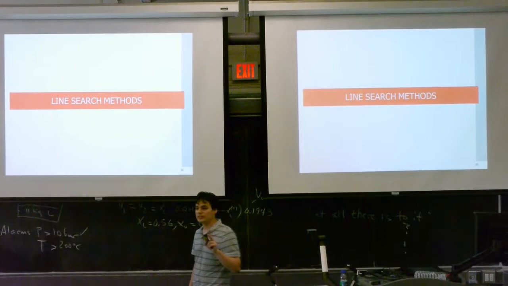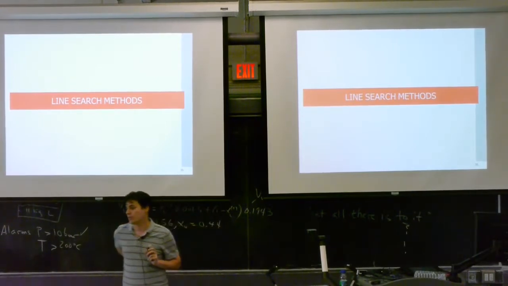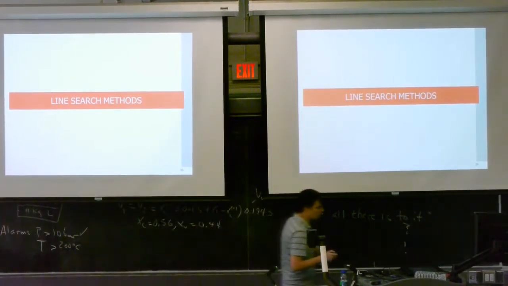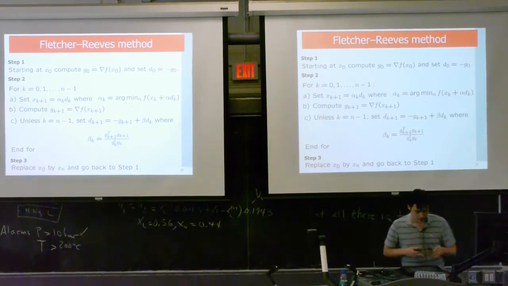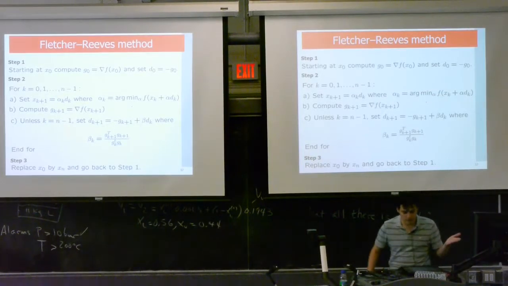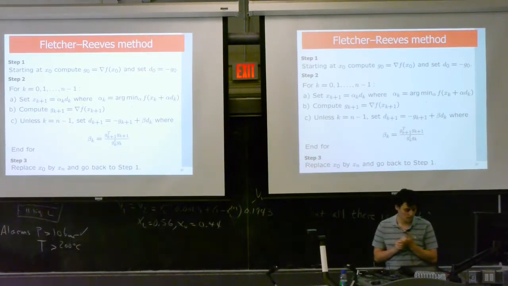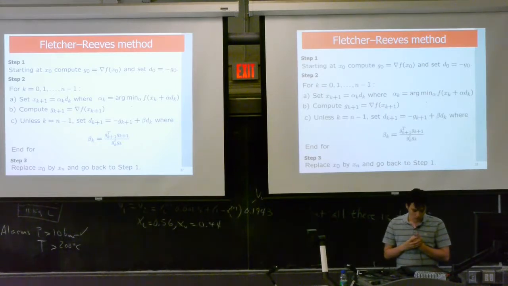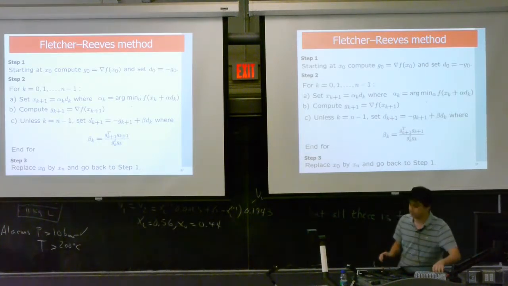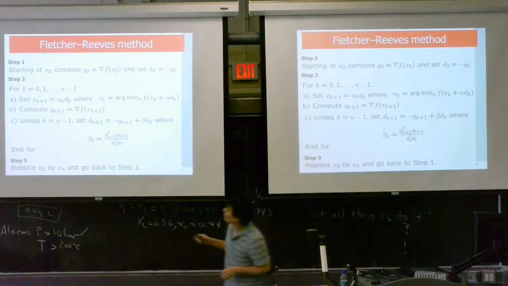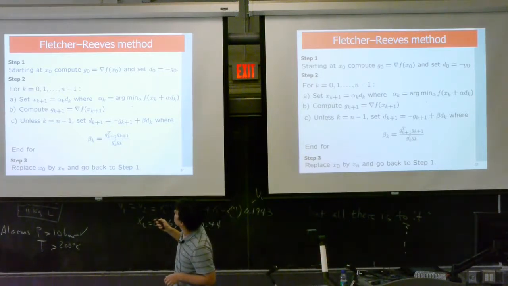So now we will discuss two important line search methods. The first one is called the Fletcher-Reeves method, and the pseudocode is exactly what we just discussed. You start from x naught, you compute the gradient.